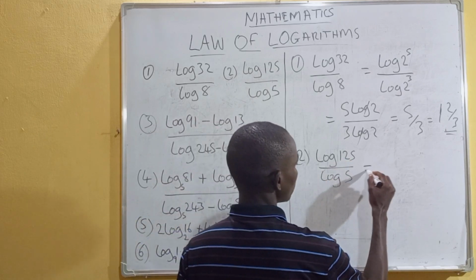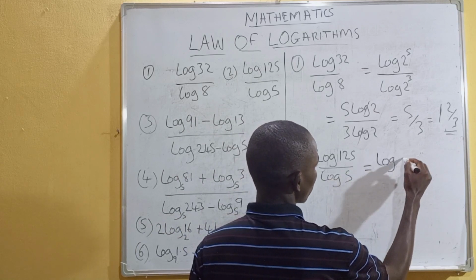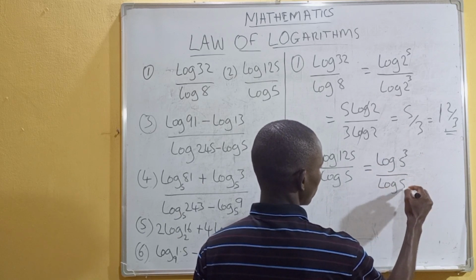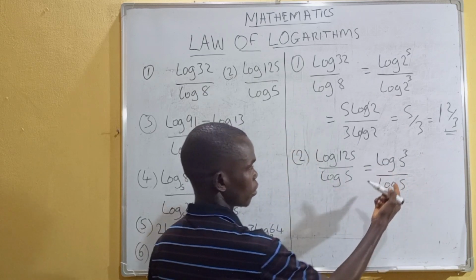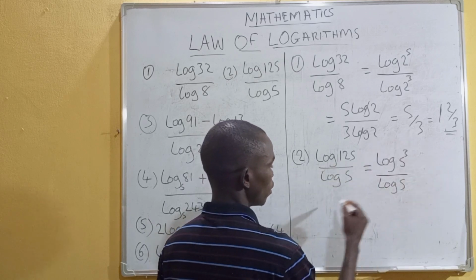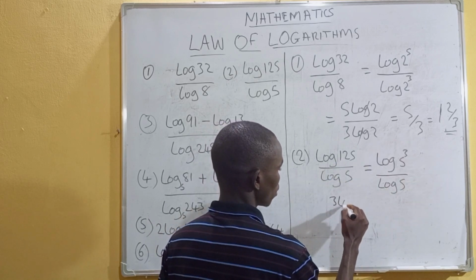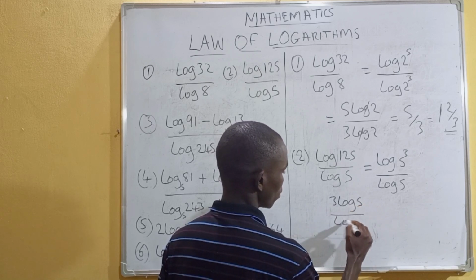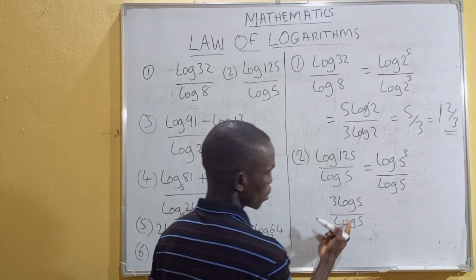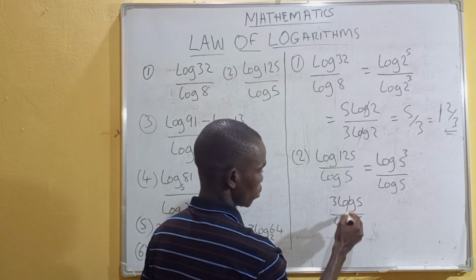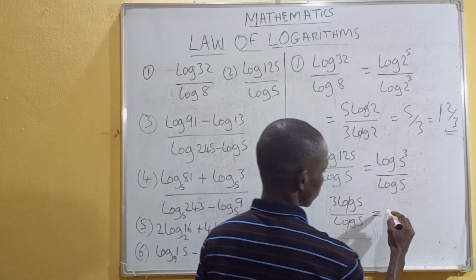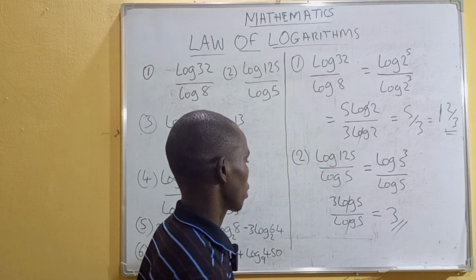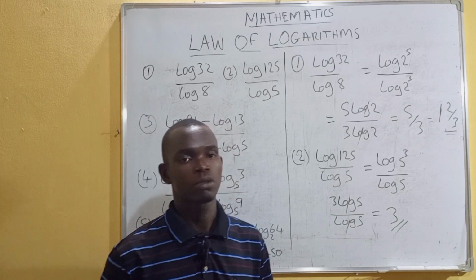So this will now be log 5 raised to the power 3 divided by log 5. And this is a power law, so we use the power to multiply the log. It will now be 3 log 5 divided by log 5. Since these are the same, they will cancel out. Our answer will now be 3. This is the answer to question 2.